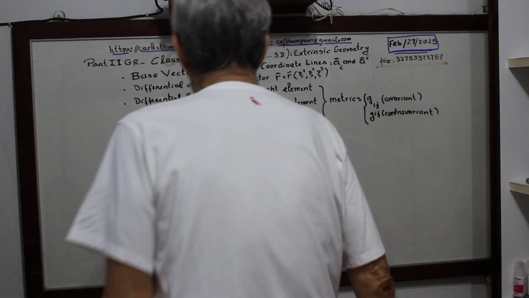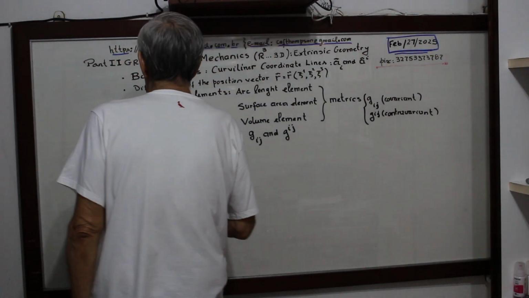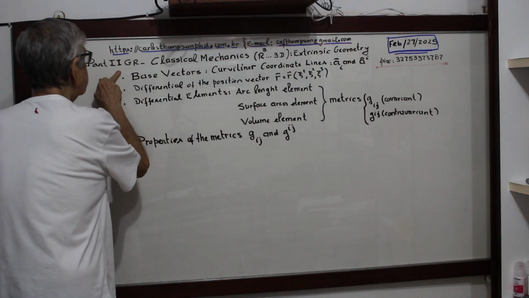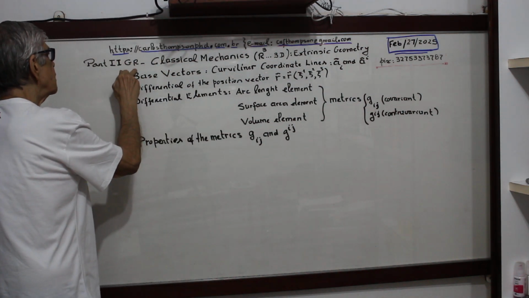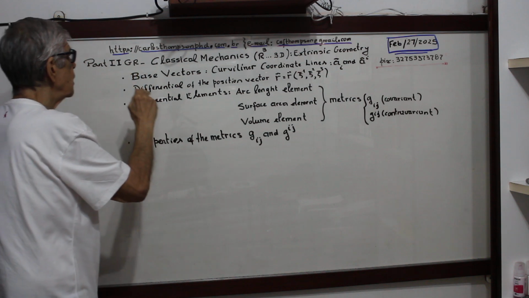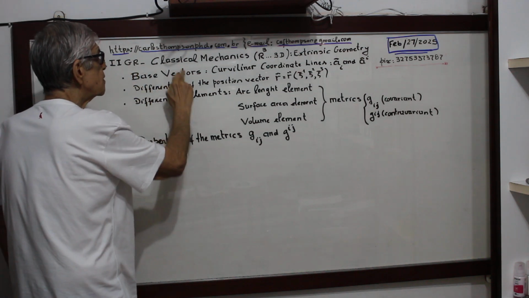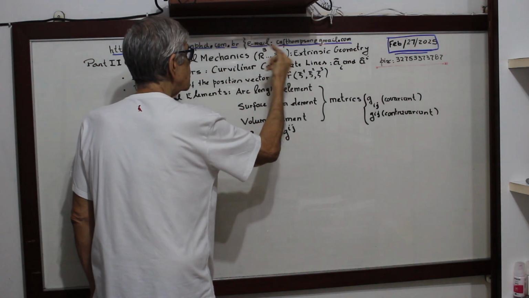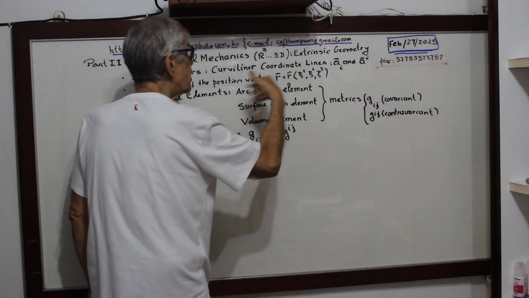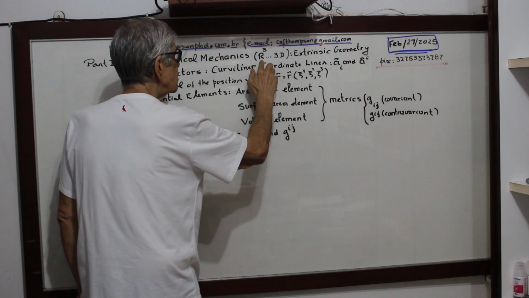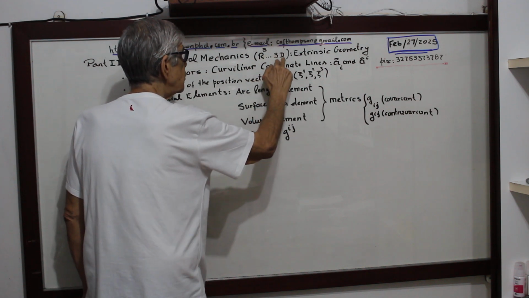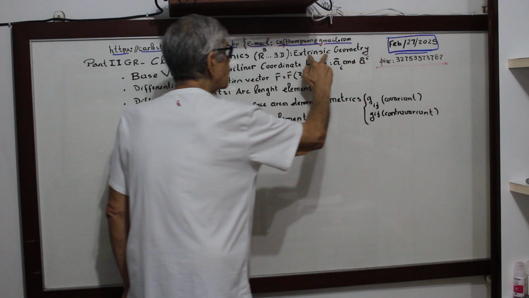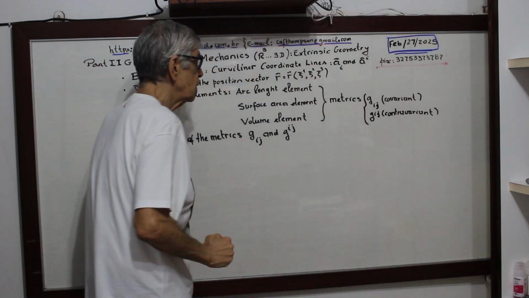Okay, let's move to part 2, GR, general relativity. Classical mechanics, in this case, the spatial coordinates will be in R3, three-dimensional extrinsic geometry.